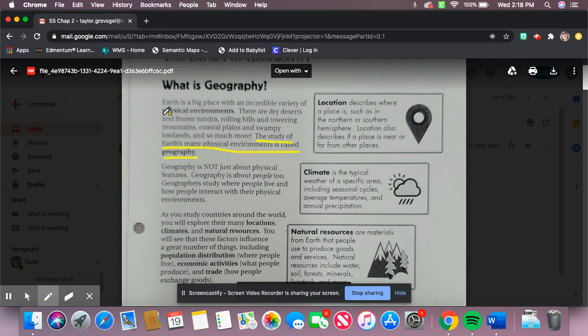So I want you to stop and think about what you think physical environments are. I'm hoping you're talking to yourself about how physical environments are all of these described here: the dry deserts, the frozen tundra, rolling hills, the mountains, plains. So all of that is our physical environment. So I'm going to make a box like this, and you need to put a note on the side.